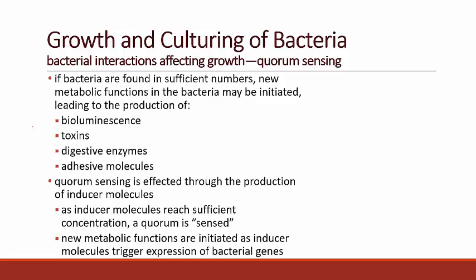And they know each other. They know that there are sufficient numbers of bacteria to bring on these processes through a process called quorum sensing. So a quorum, if you think about a group of people voting on something, there frequently has to be a quorum present in order for there to be enough people to vote.